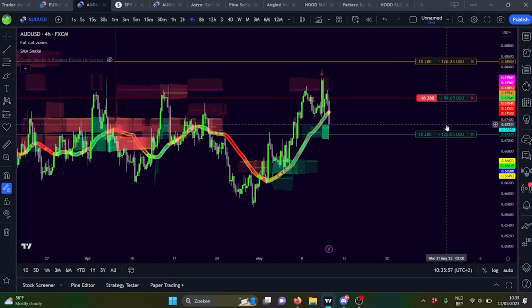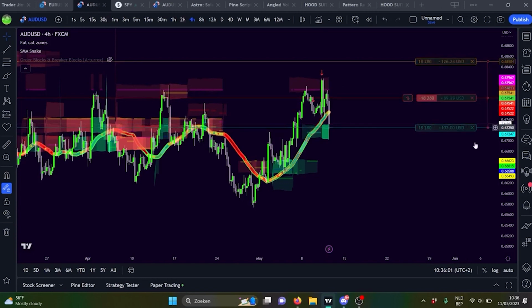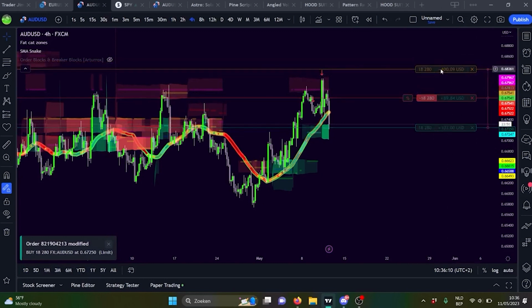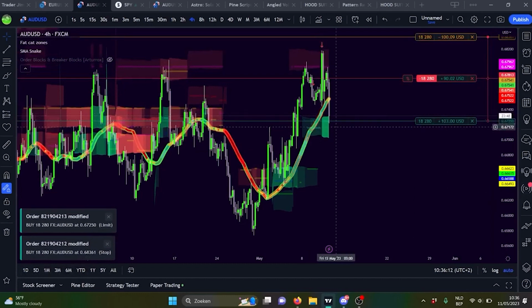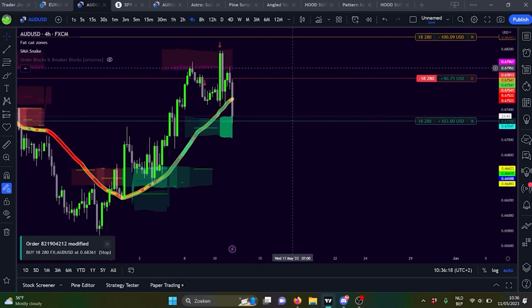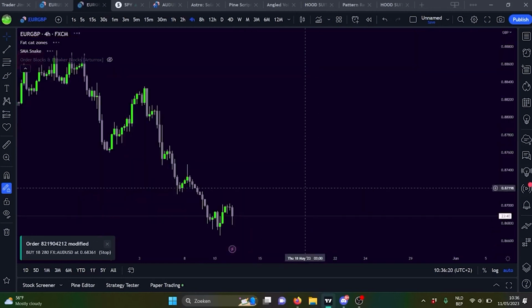I think it would be better to target 100 USD here, because I want to use 50 USD risk anyway on each trade. So let's keep it like that. It should have been closed down here, but we'll see how it trades. Probably going to make a double bottom before it moves up. Let's move further.